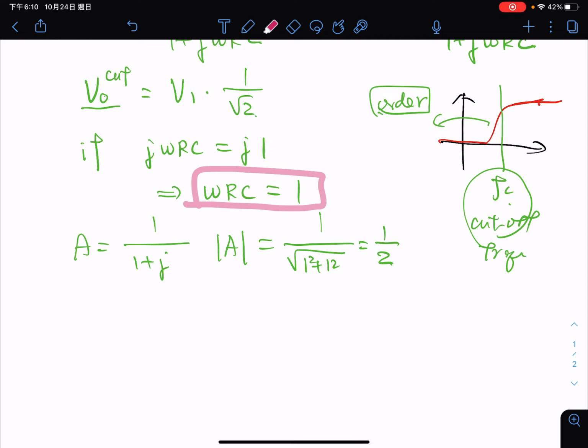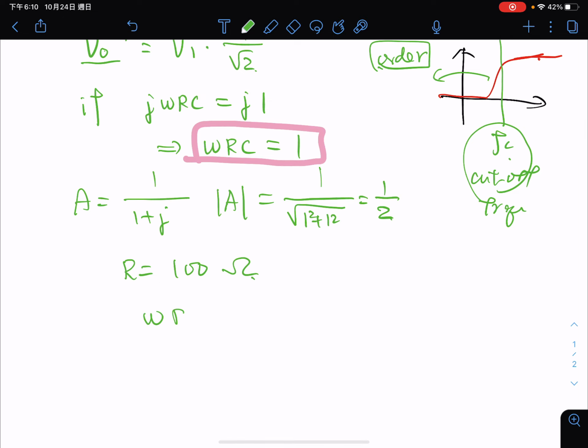Okay? So if R, for example, is equal to 100 ohm, and the capacitor will be equal to, for example, 10 microfarad, right? Then omega RC will be equal to omega multiplied by 100 and multiplied by 10 times 10 to the minus 6. And this one will be 1.